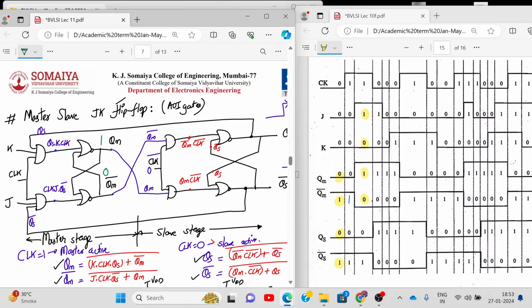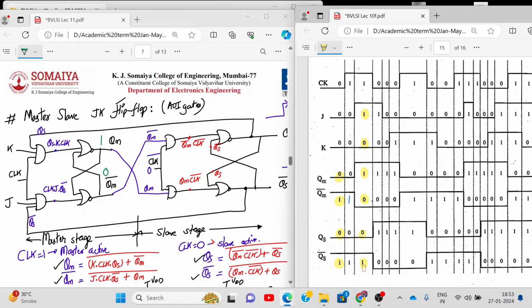And clock is still 1. So the slave stage is inactive, right? So it won't affect the slave output directly. That is what I meant. तो toggle हो रहा था ना, नहीं होगा वो. Are you understanding? Right. हाँ, I mean toggle will happen when both J and K are 1. Let's see that stage. So QS and QS bar will be 0 and 1. Why 0 and 1? Because they are holding the previous state. ना off है ना वो.